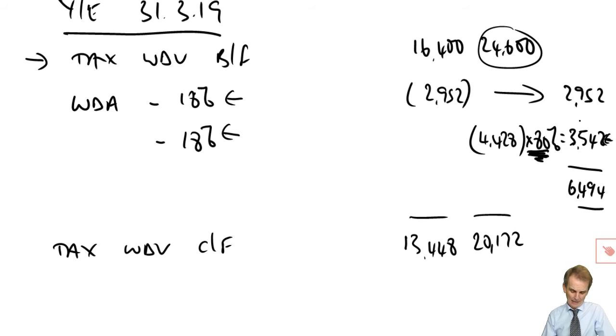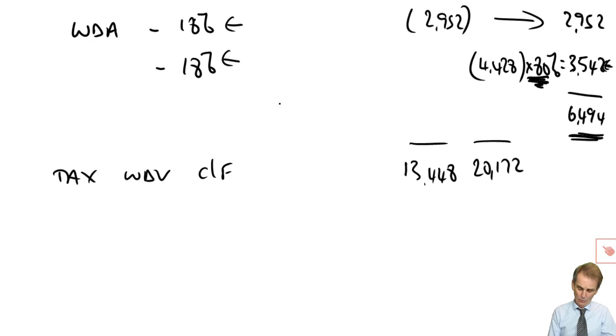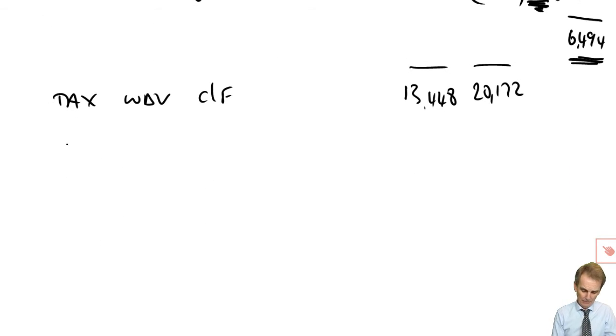As ever, add up the allowances of the period, and that figure would be the figure to deduct from your adjusted trading profit to give you the tax adjusted trading profit to then go into the relevant income tax computation. Get your tax written down values here as we need them carried forward, and they of course will be carried forward into the year ended 31st of March 2020.